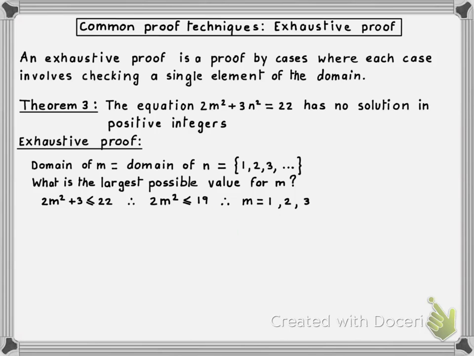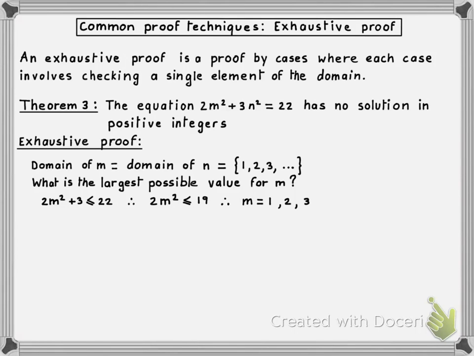But m cannot be equal to 4, because 4 squared is 16, 2 times 16 is 32, that's way over 19. That means for any value of m, 4 and larger, you will never find a value of n for which adding those two numbers reaches the total of 22. So we just cut down the domain for m to 3 possible values: 1, 2, and 3.